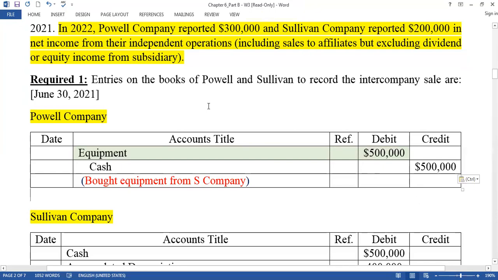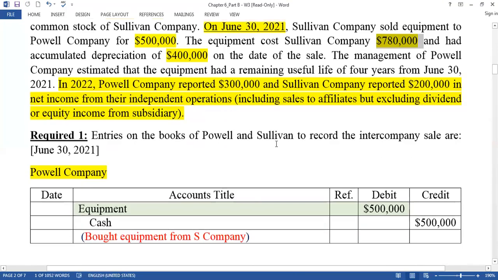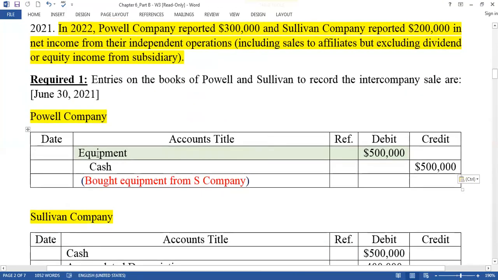So what is the important point here? Look at here. We have to return back our asset to its original shape. The original shape is $780,000. So equipment debit $500,000, right? If you want to return it to its original shape, later on you have to add another $280,000, right? Do you understand?